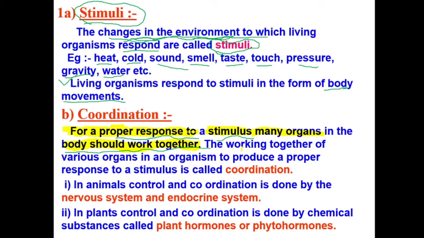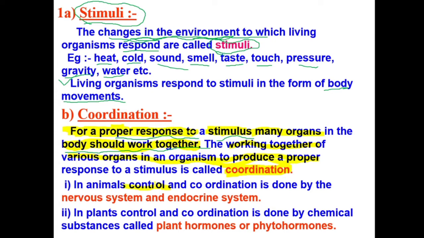The working together of various organs in an organism to produce a proper response to a stimulus is called coordination, right? That's what coordination means. I already explained. I hope I am clear about coordination. Next is in animals, control and coordination.